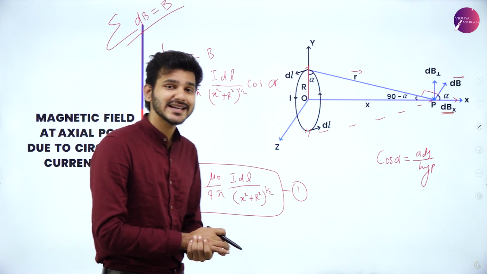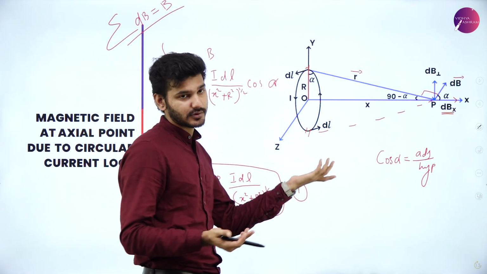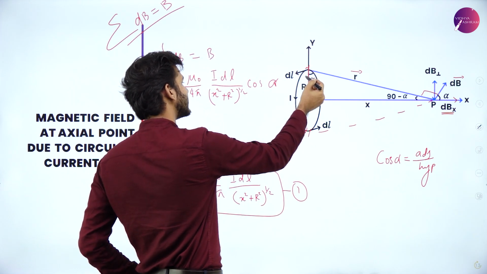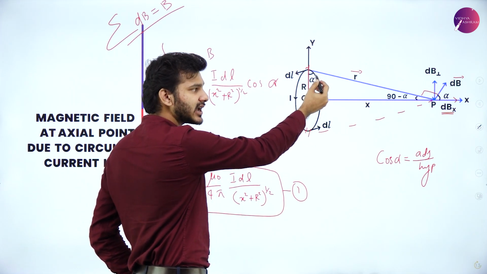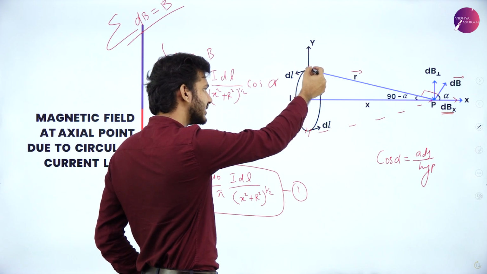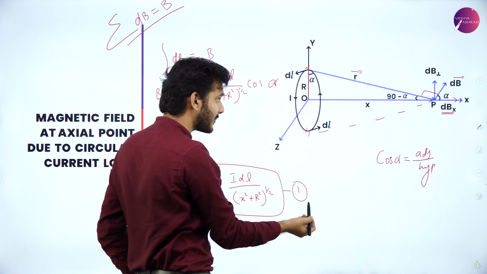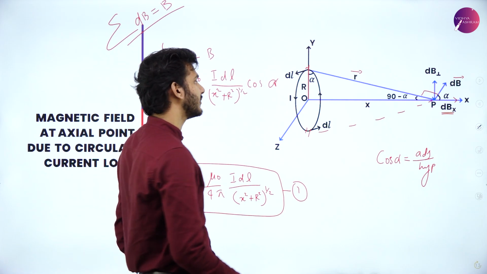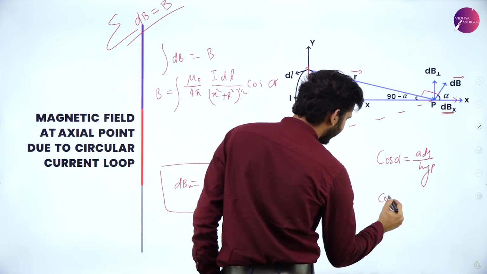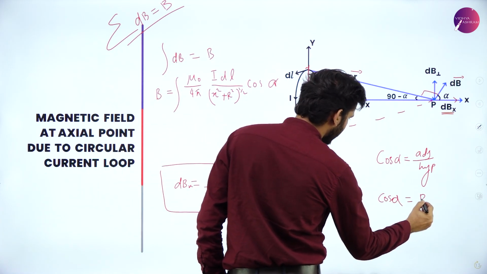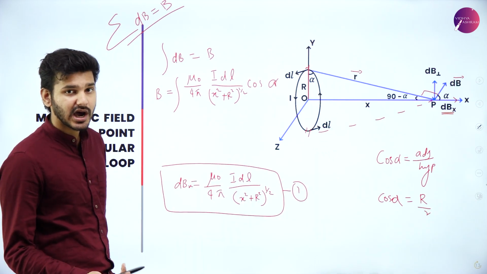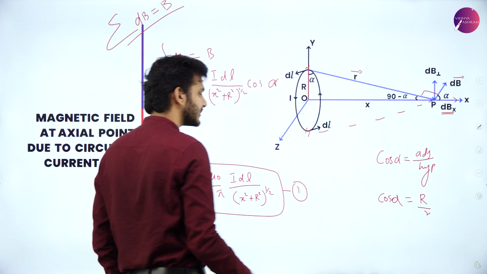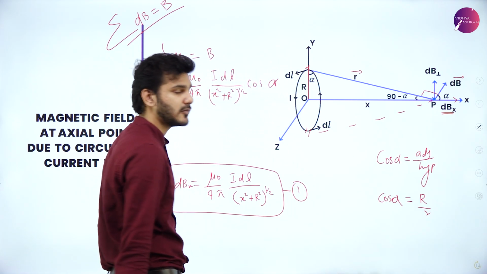So cos alpha is equal to adjacent side by hypotenuse. Adjacent side is nothing but capital R, and hypotenuse is nothing but small r. So we can say cos alpha is equal to capital R by small r. So instead of cos alpha here, I'm going to substitute capital R by small r.